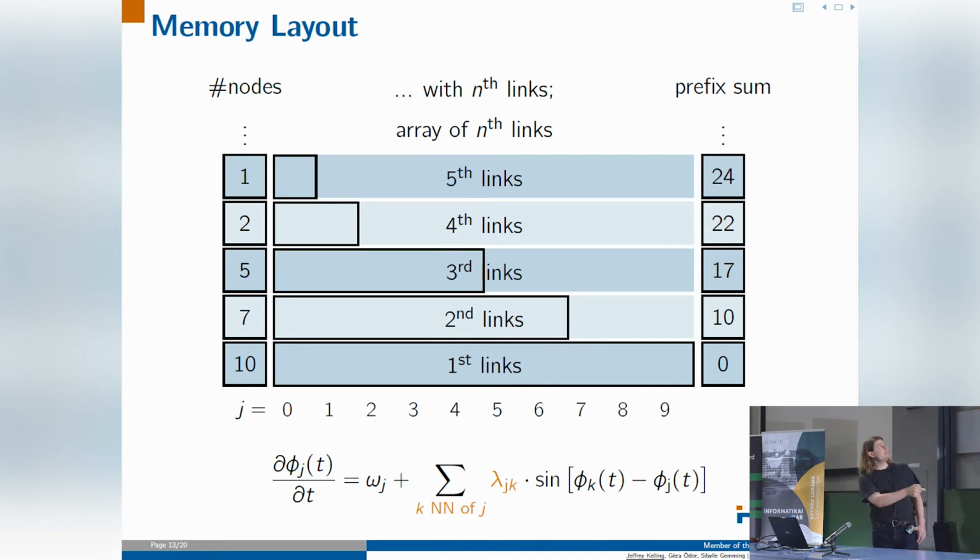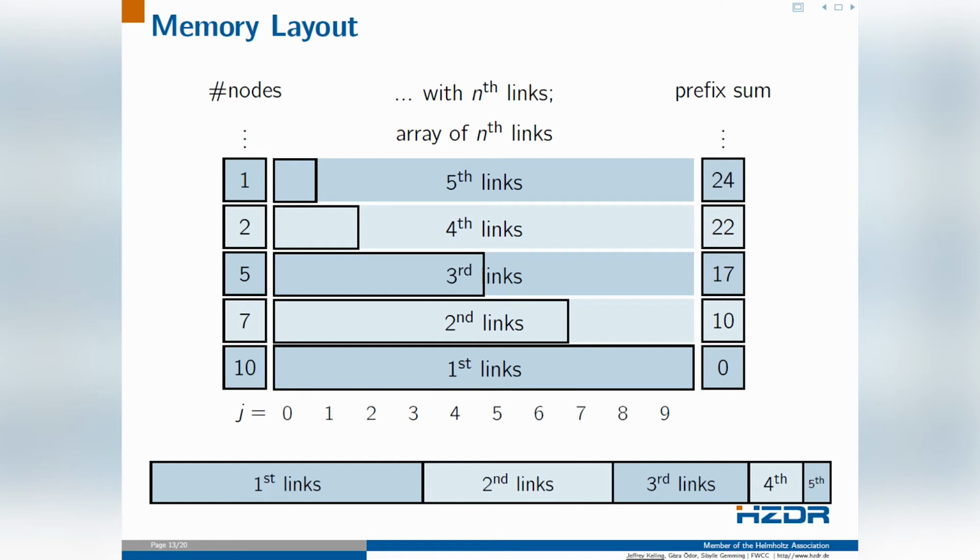What you can already see here is that it's sorted. The node with index 0 is the node with the most links. The node with the highest index is the one with the least links. This is what reduces load imbalances when you submit this whole thing to a GPU. I skipped one part because I just wanted to illustrate this.